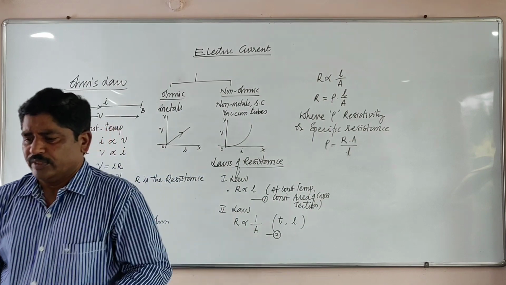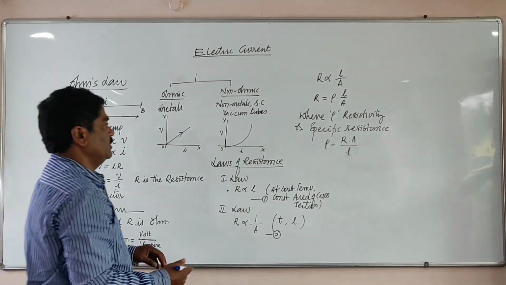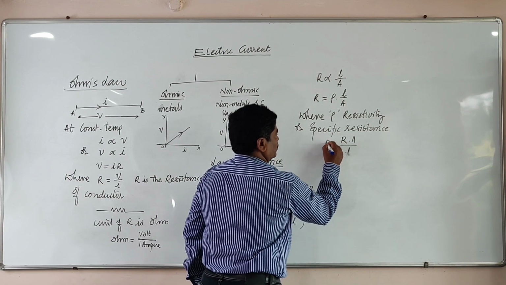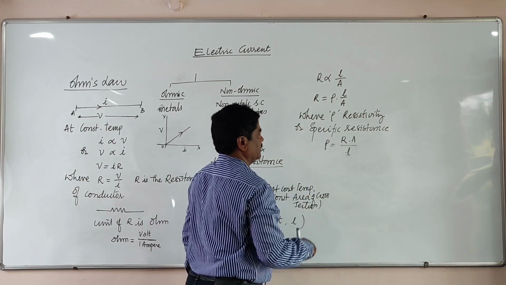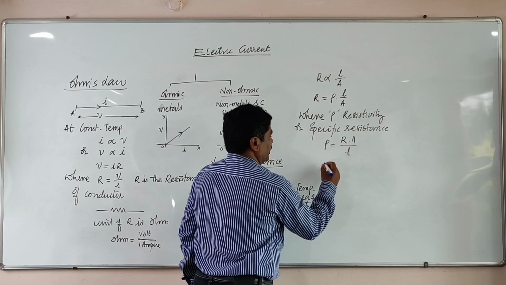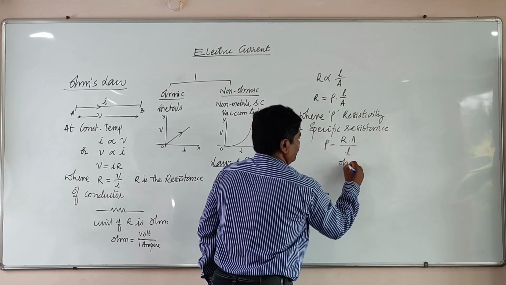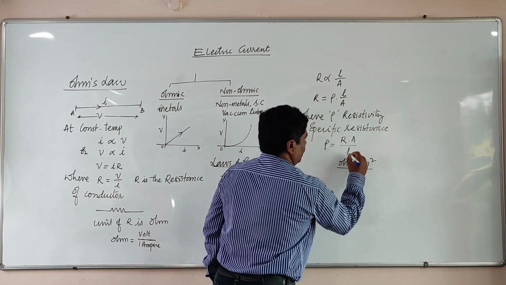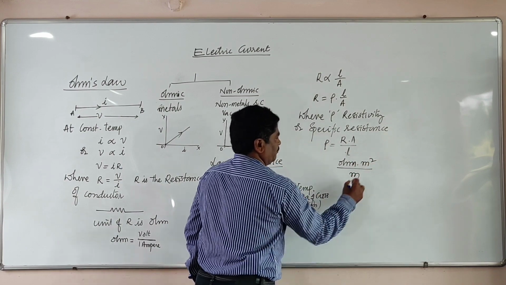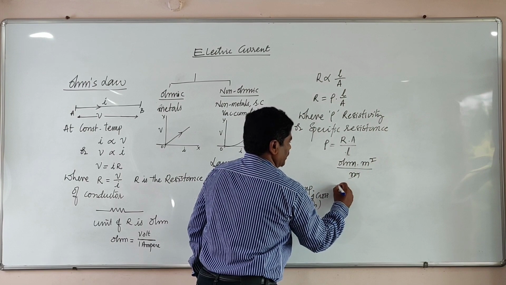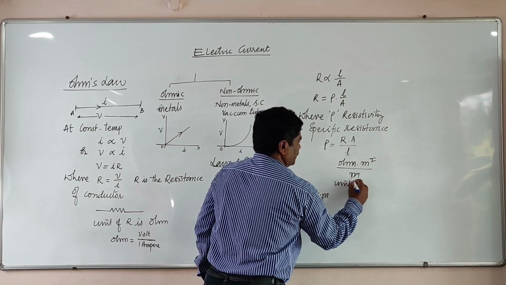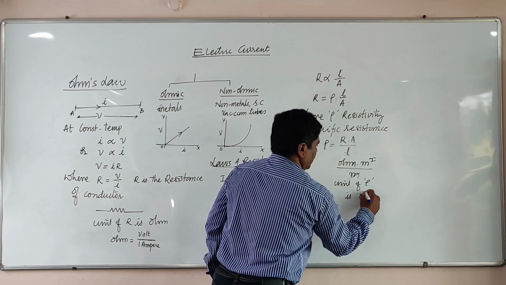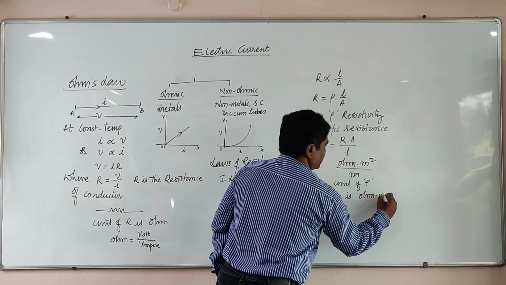The resistance of unit area per unit length of the conductor is known as specific resistance. Its unit: resistance is ohm, area is square meter, and length is meter, so this gets cancelled. The unit of specific resistance or resistivity is ohm meter.